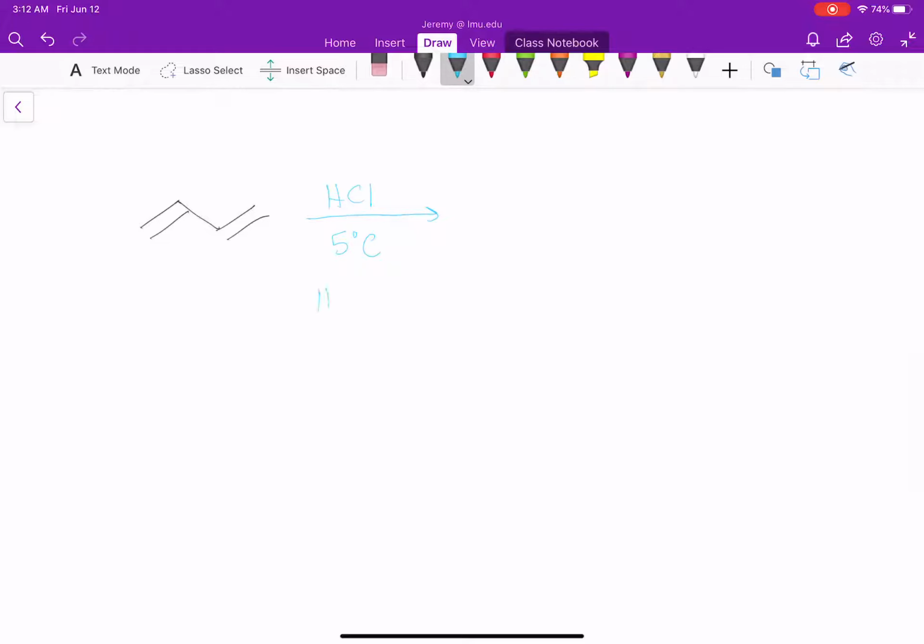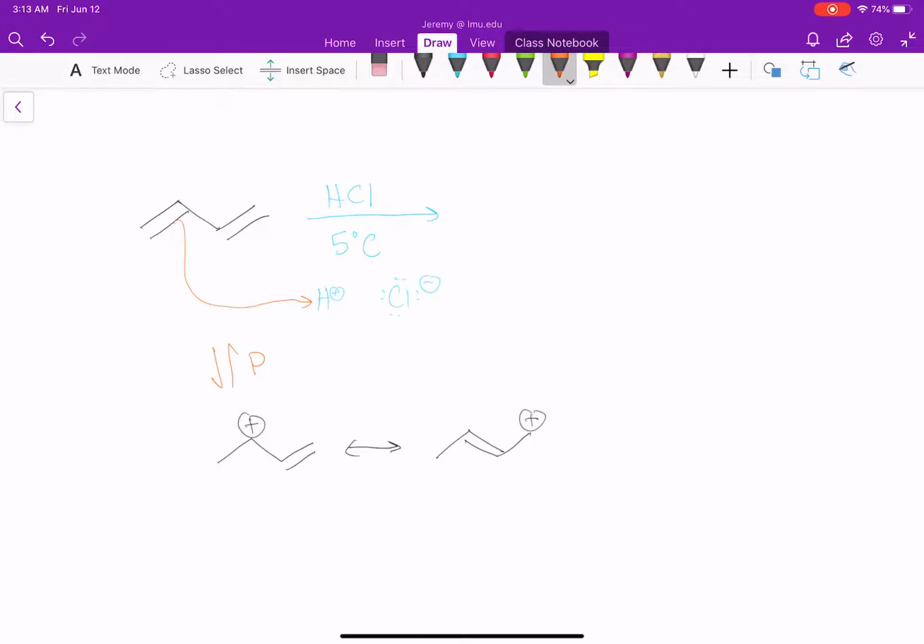We will form H plus and Cl minus. We protonate. We form our secondary carbocation that has a resonance structure here.